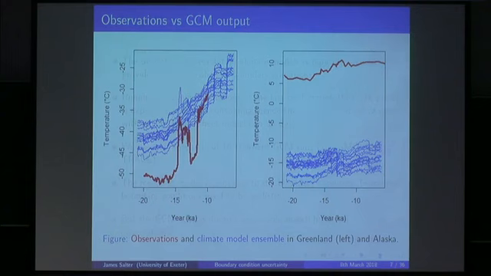And that is illustrated by this next plot. Our 16 climate ensemble members are shown by the blue lines, and we have some historical observations in a couple of locations here. The left-hand plot is in Greenland. This is from ice core observations, and on the right is Alaska. And here again we're seeing this key feature.